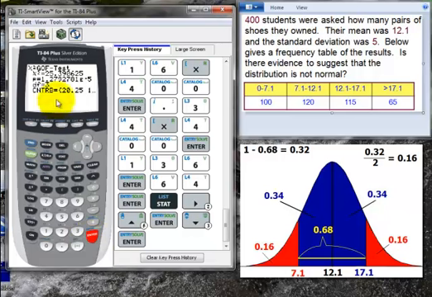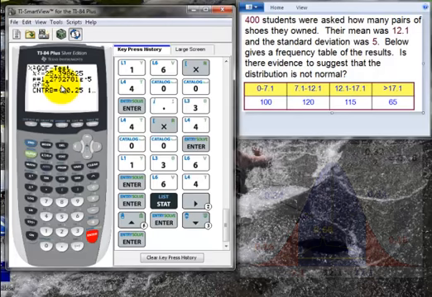Our chi-squared value is about 25.39. Notice the p-value is not 1.28. Don't forget about this E negative 5. Our p-value is about 0.0000128. So our p-value is absolutely minusculely small. That means when we have a p-value that's tiny, we reject the null hypothesis.